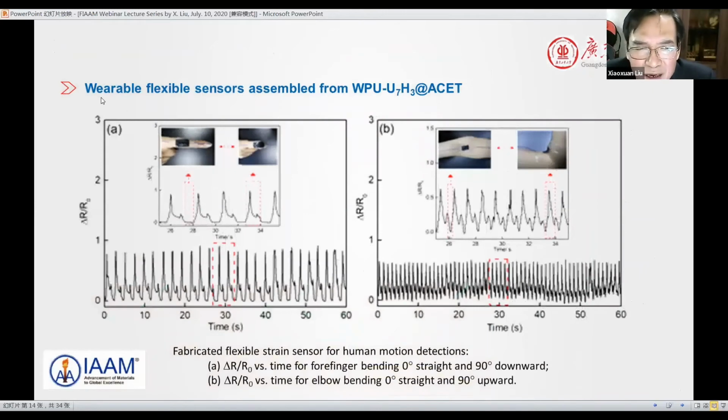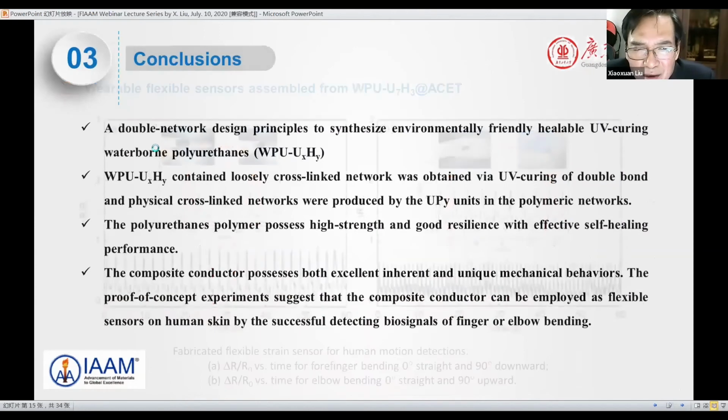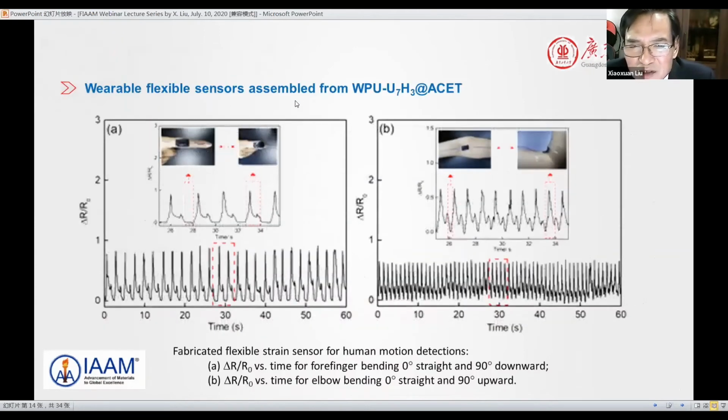So we have prepared the flexible friction sensors assembled with WPU. This is the fabrication of the sensors for human motion detection. This is a finger. The sensor is attached to a finger.